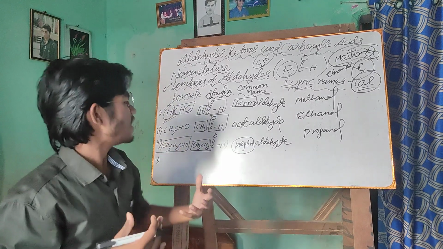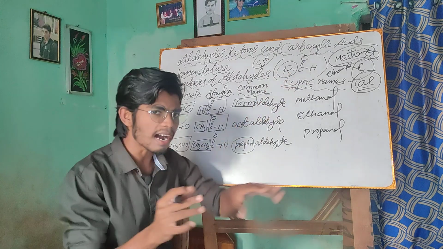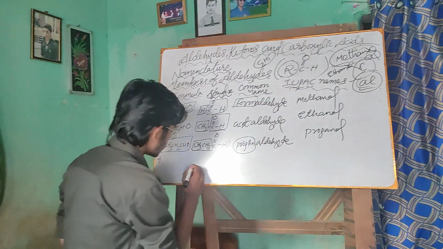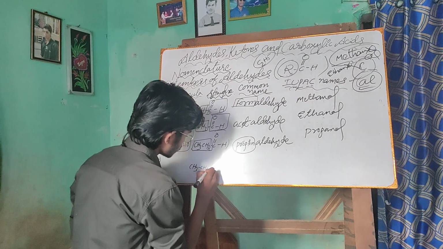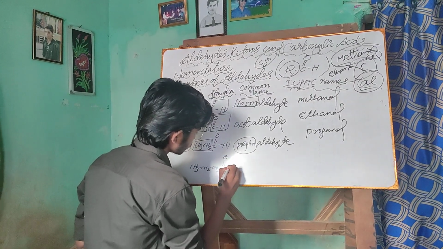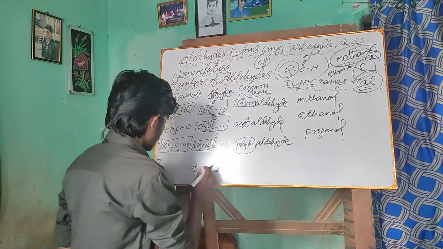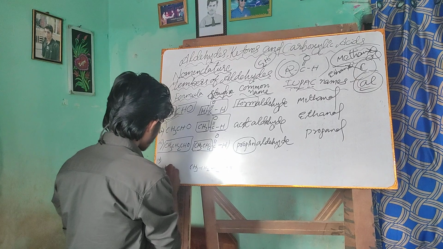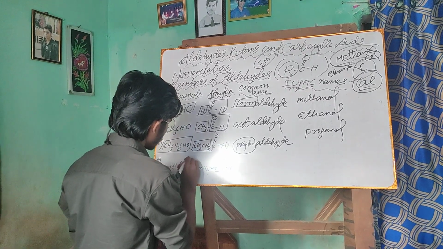If you place the next member of the alkyl group here in place of this R, you will get CH3 CH2 CH2 CHO. In a simple way you can write CH3 CH2 CH2 CHO.